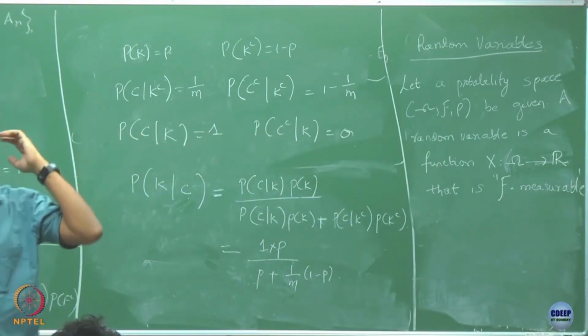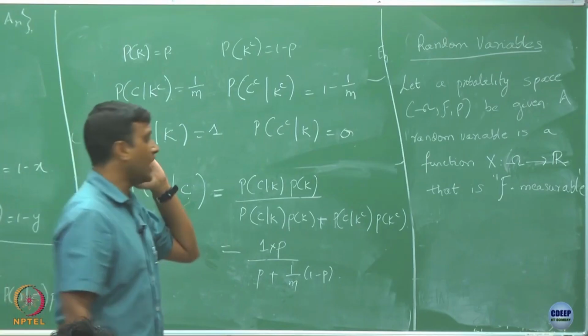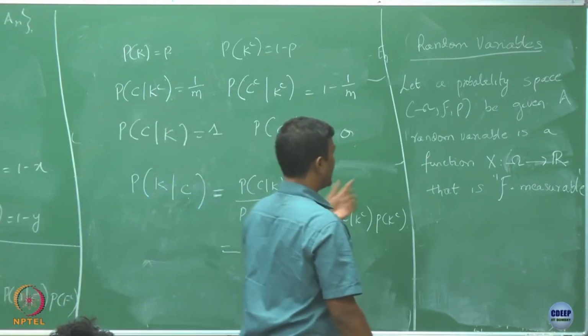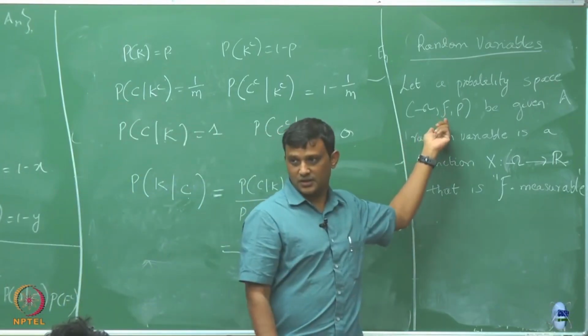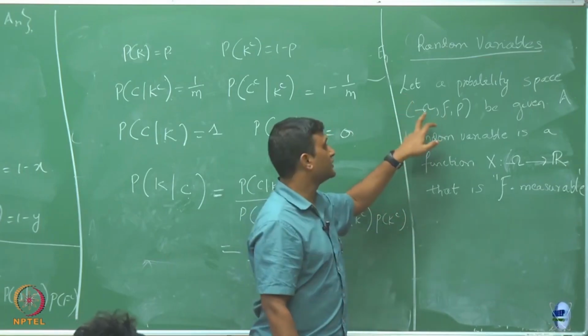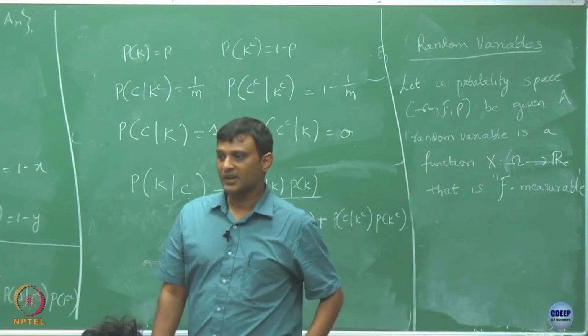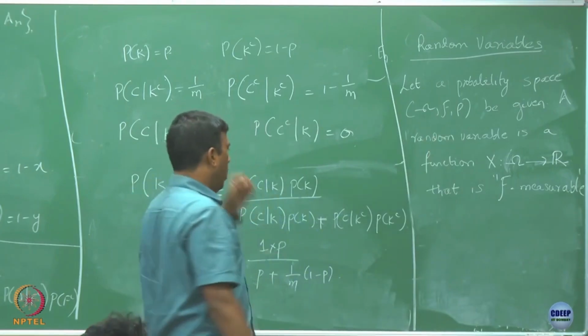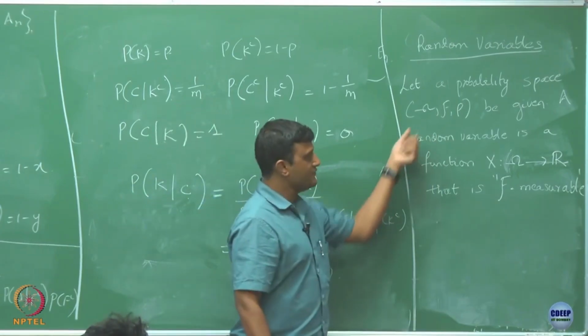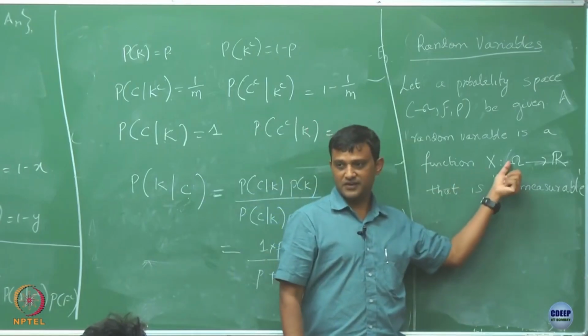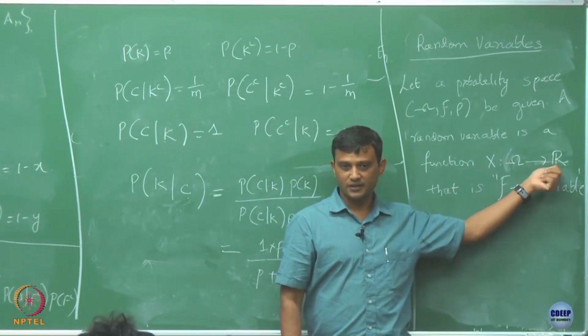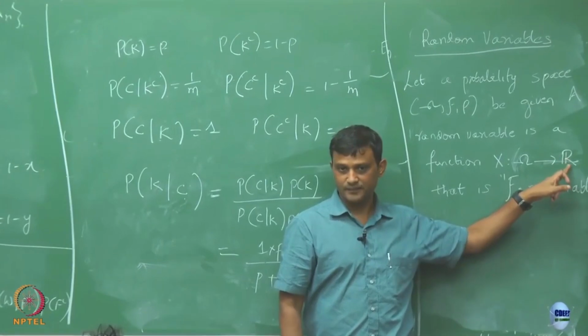To define a random variable, I need the underlying probability space. I only need basically the first two components, omega and script F. You will see why. And this random variable is basically a function from your sample space to the real line. When I say R, this is the real line.